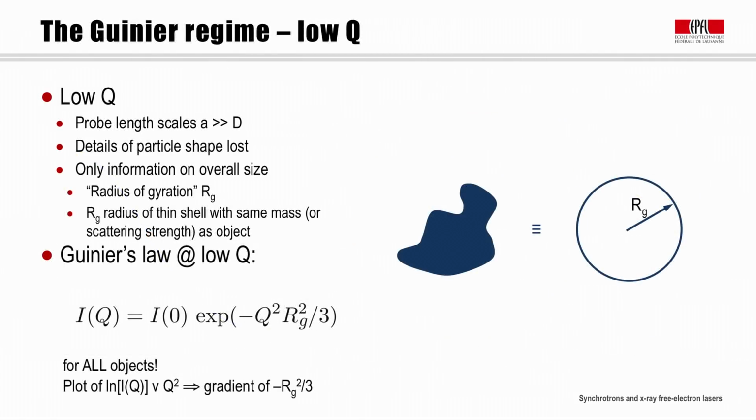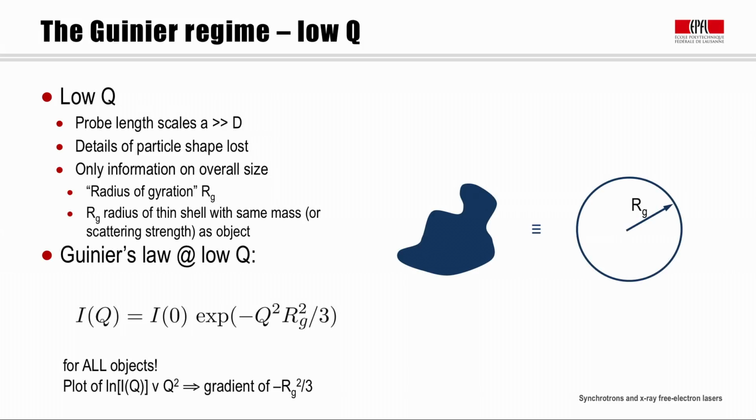The low Q regime is known as the Guinier regime. Because the length scales probed here are generally much larger than the characteristic length d, all details of the particle shape are completely lost. Instead, one obtains only information in the Guinier regime on the overall size, or more accurately, the so-called radius of gyration, Rg.